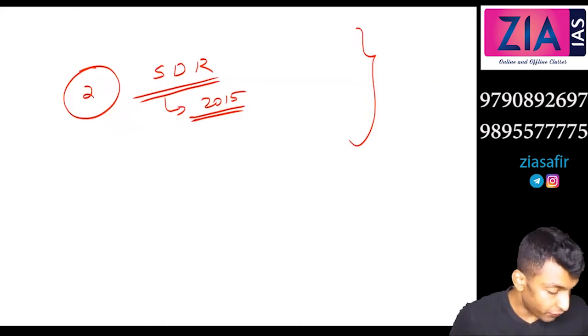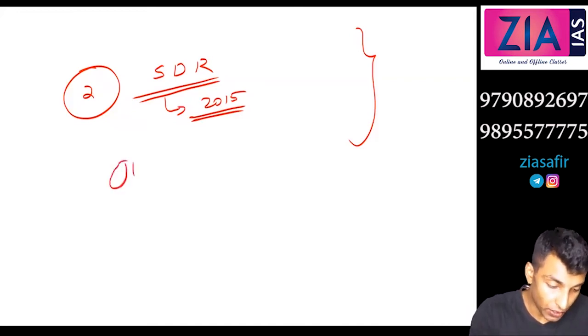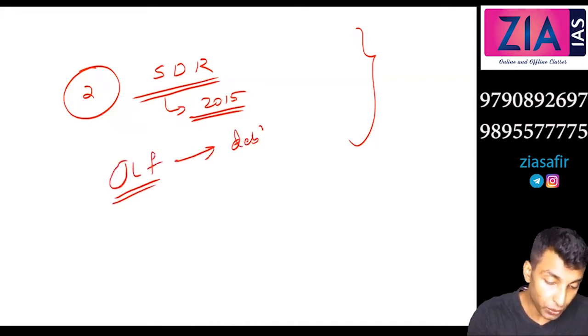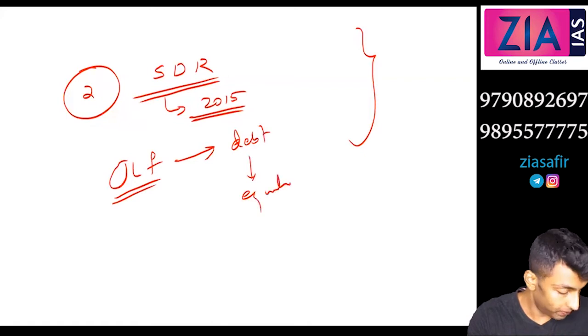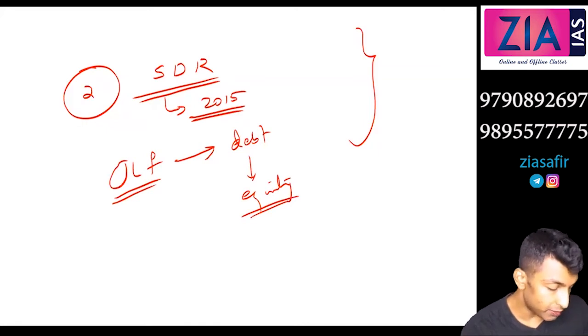In case of default on a restructured loan, the JLF that we have discussed already can convert its debt into equity of the company, and can take over the management of the company.